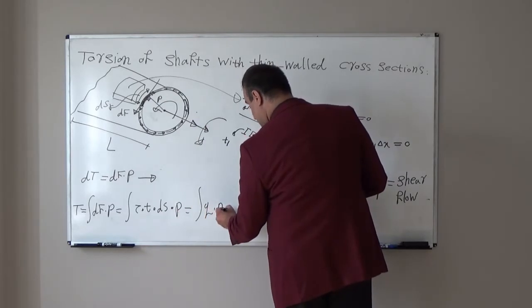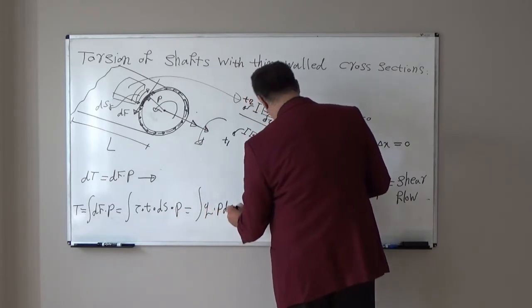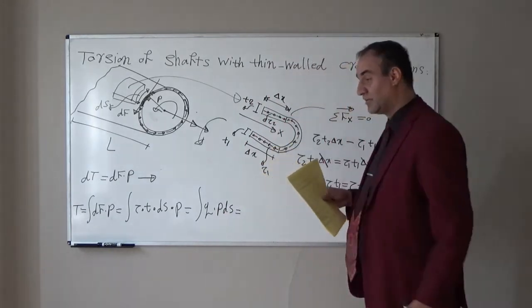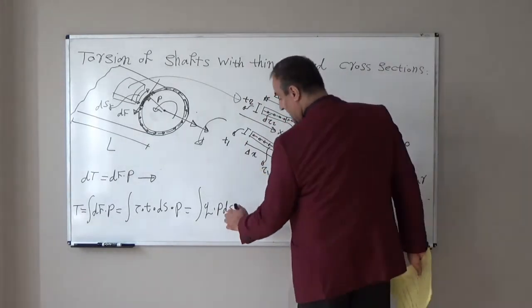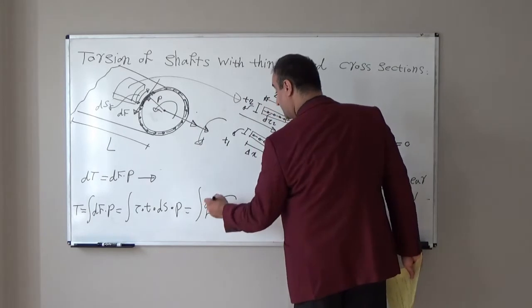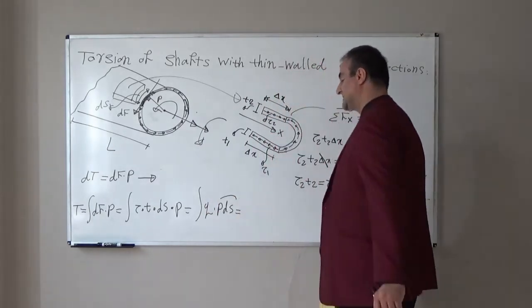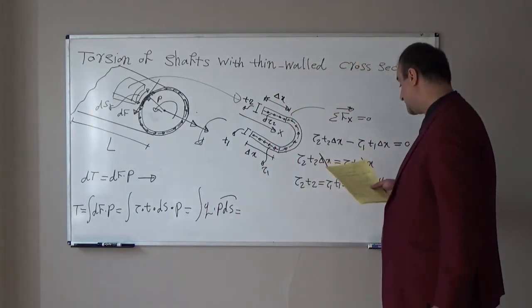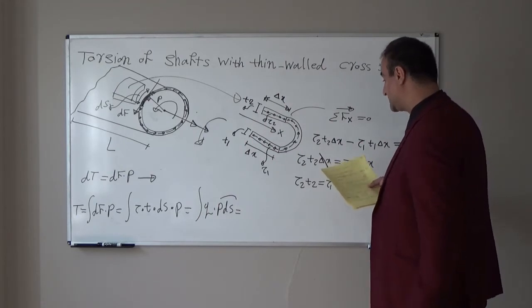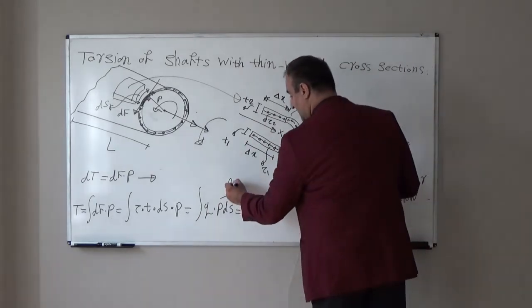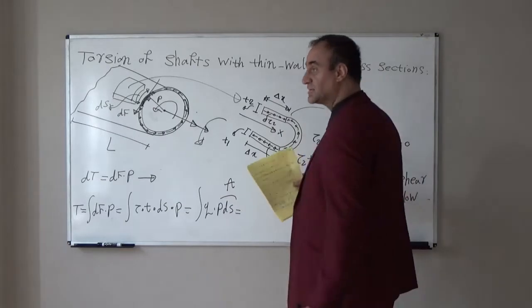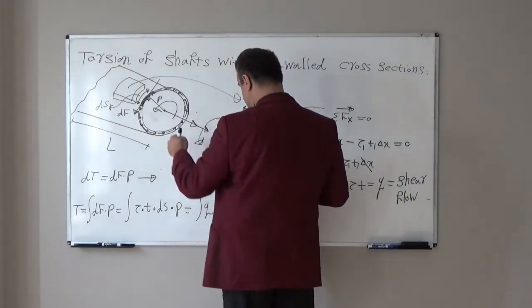times p ds. From math, we know the integration of p times ds will be equal to 2 times the area enclosed by the mid-surface.